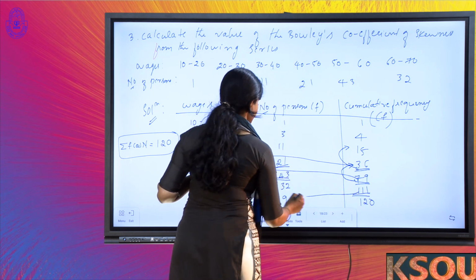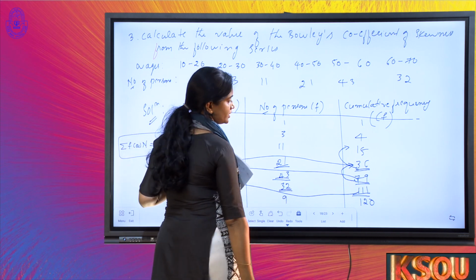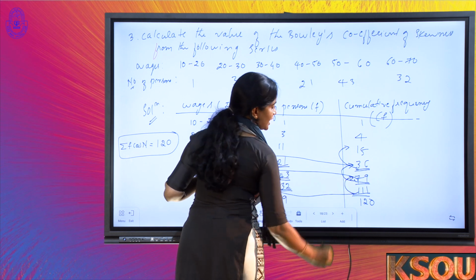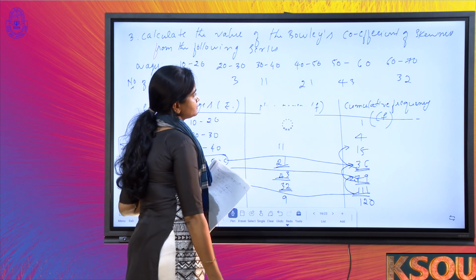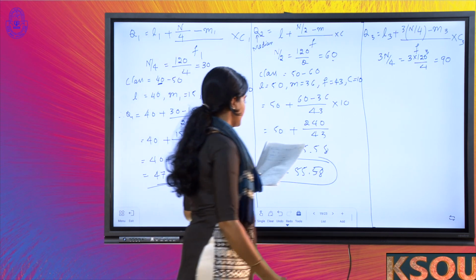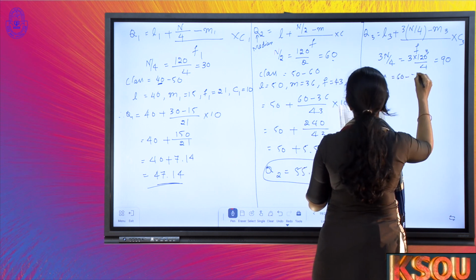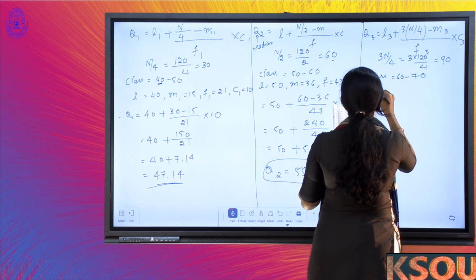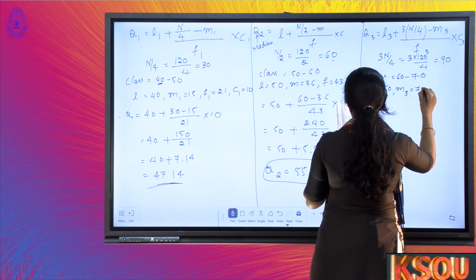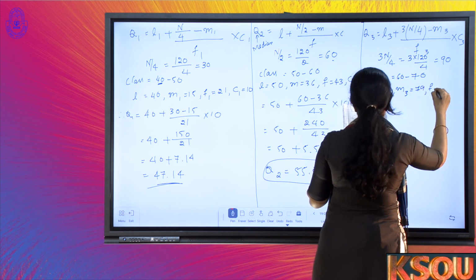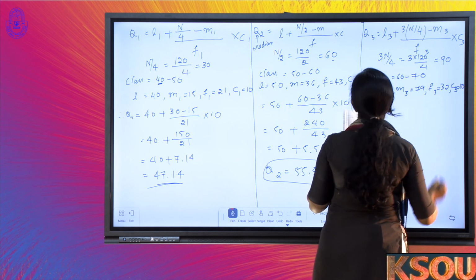Take the corresponding class interval 60 to 70, then F3 is the corresponding frequency, and take the preceding value, that is 79, as M3 here. So, the class is 60 to 70, L3 is 60, M3 is 79, F3 is 32 and C3 is 10.